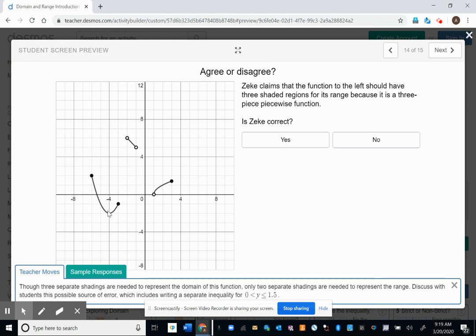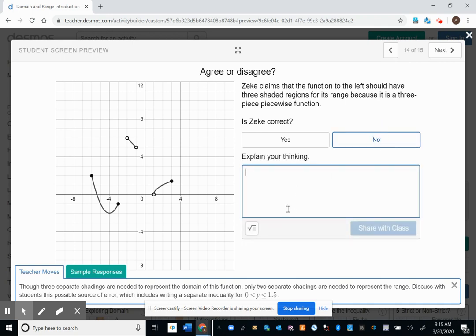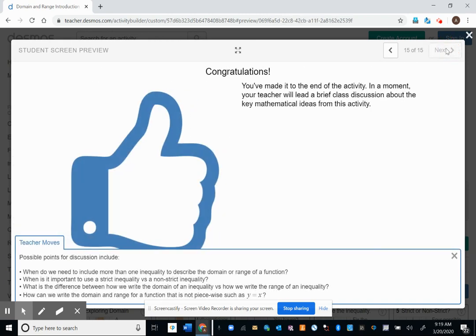But going through the range, I'd say it starts here, and even though there's a separate part to the right, it doesn't stop until right here. And so these 2 pieces of the graph would be in the same part of the range. And then it would start and stop again up here. So I disagree, and then I would explain that here. And that's the end of the activity.